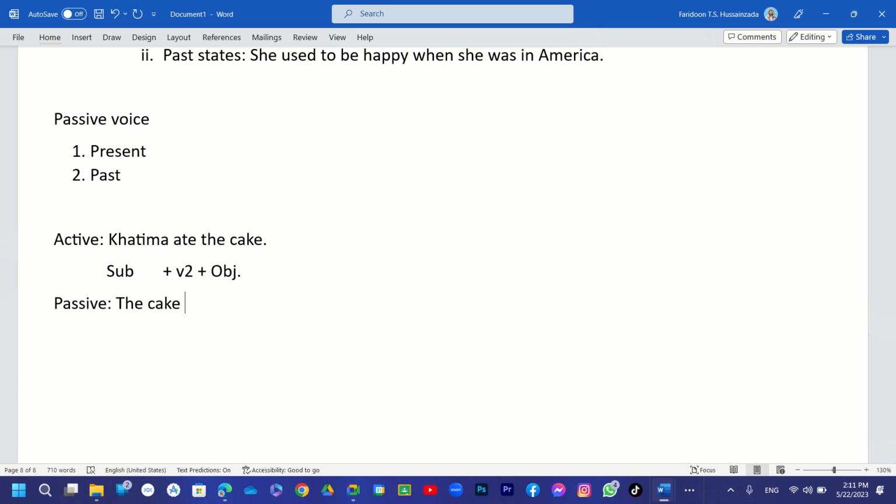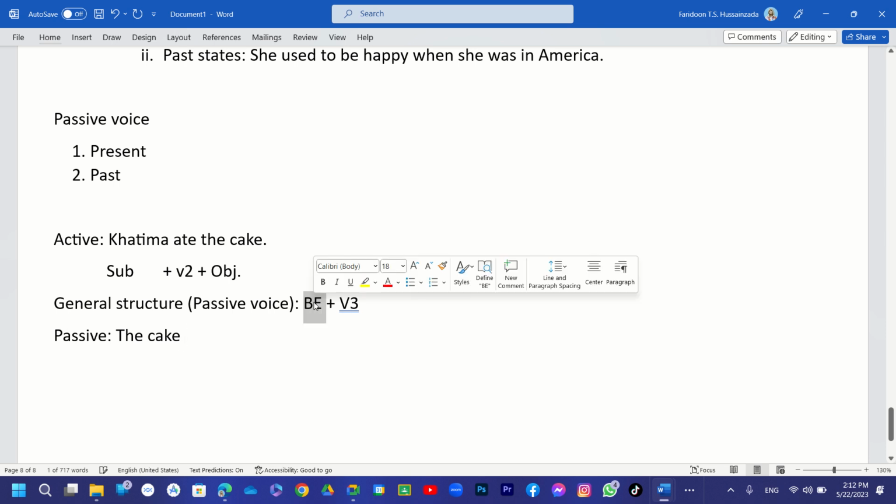Now, we are going to use something called the general universal structure of the passive. The general structure of the passive voice is be plus verb 3. Done. So when I have the cake, now I have to bring the be verb.